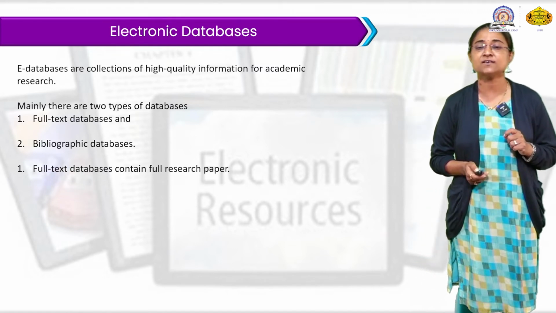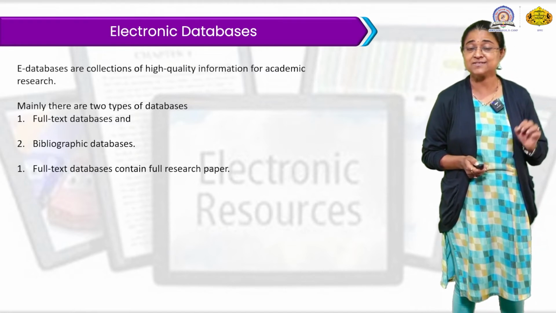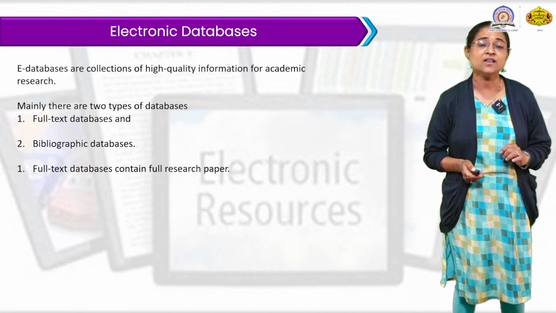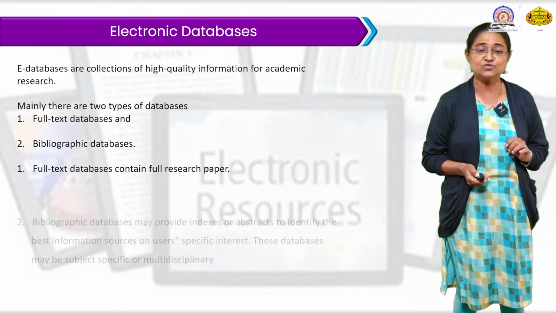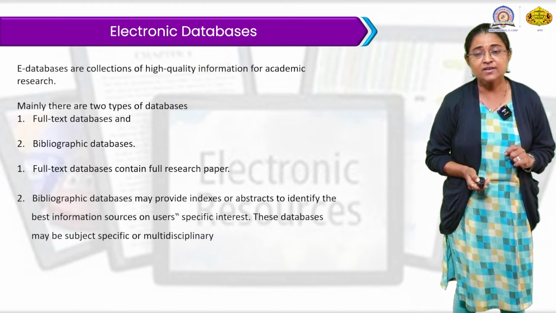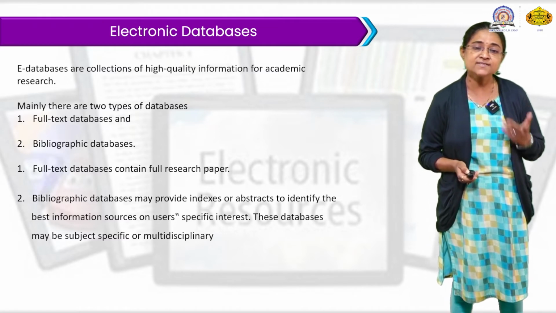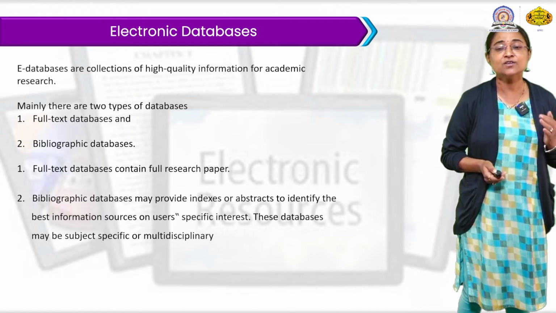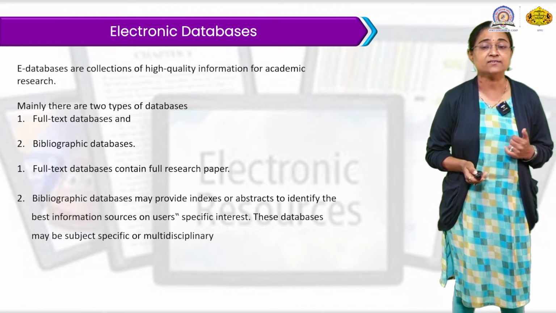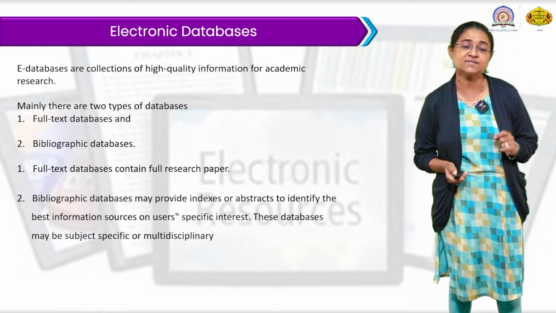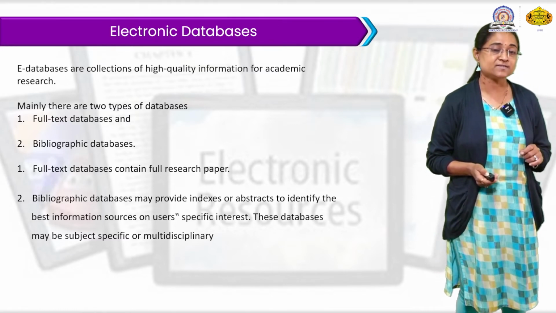A full text database contains the full research paper, from abstract till references and conclusion. A bibliographic database may provide indexes or abstracts to identify the best information sources on users' specific interest. These databases may be subject specific or multidisciplinary.